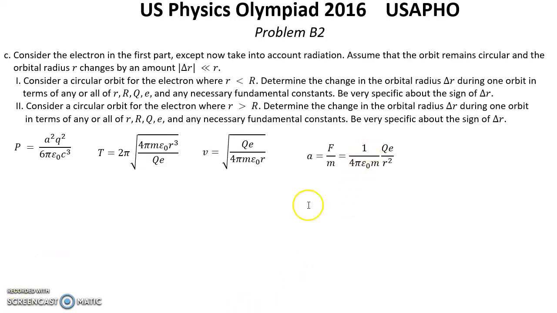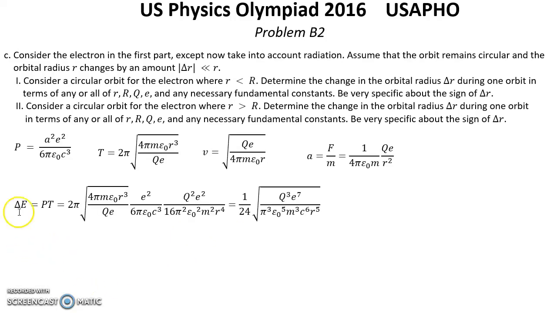Acceleration was this one. Now we can count the total energy lost for one period. So we have total energy loss equal to power multiplied by period. Power is this one, period is this one, acceleration we can count from here, that's this one, and finally we have this expression for energy loss.